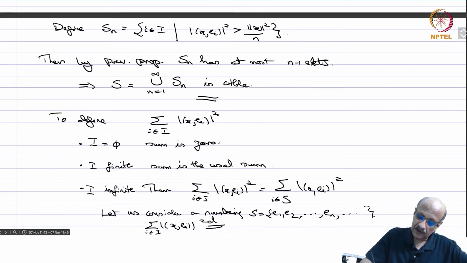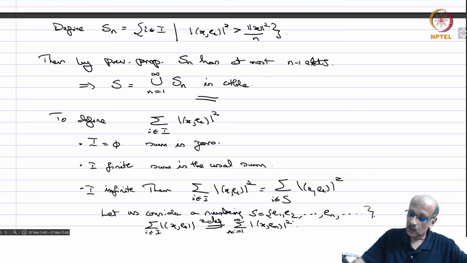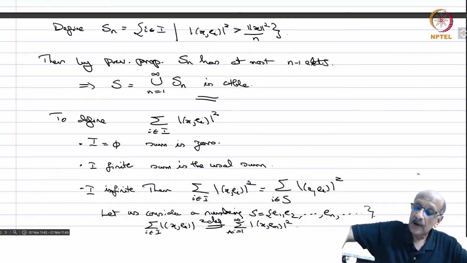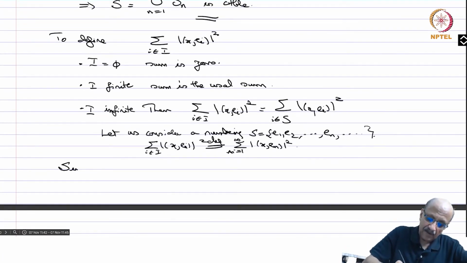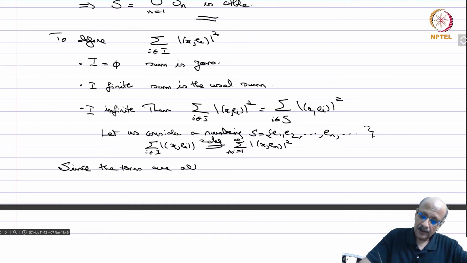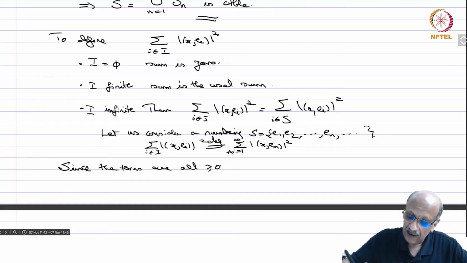By definition, this is the sum n equals 1 to infinity of mod <x, e_n> square, and that's an infinite series which you know how to define. It's the limit of the partial sums. Okay, and then since the terms are all greater or equal to 0, the numbering is unimportant.